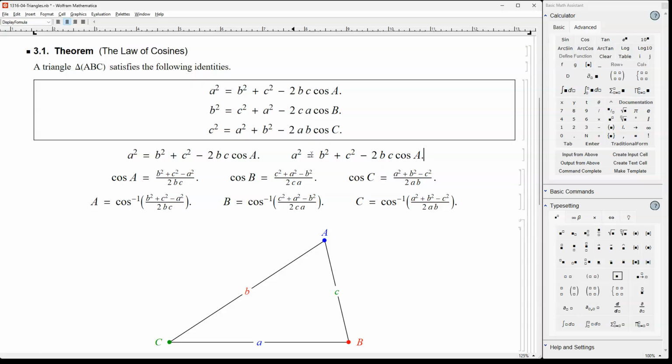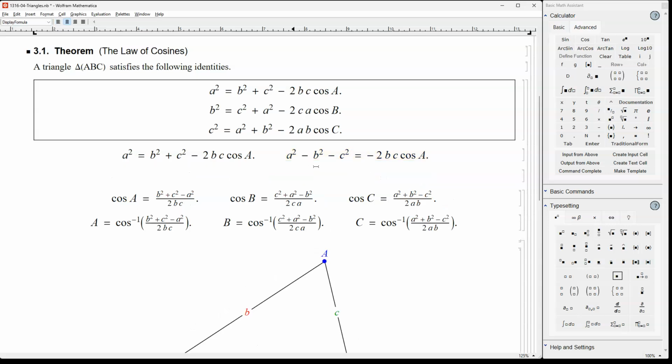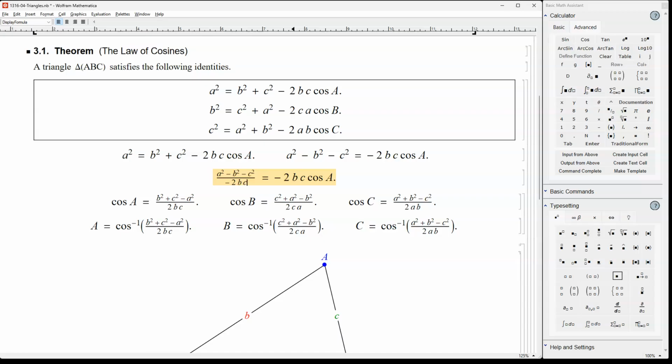So subtract b squared minus c squared away. Sorry, the typo should be b squared. And then divide by negative 2bc. Now, let's simplify a little bit.